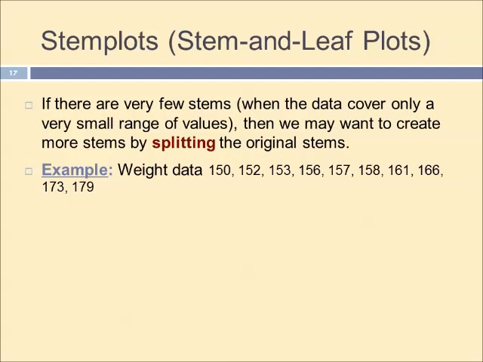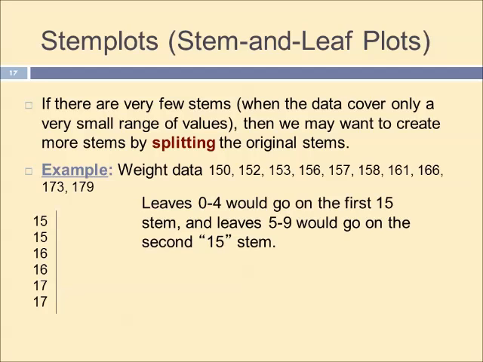Now, if there are very few stems, that is, when the data cover only a very small range of values, we might want to create more stems by splitting the originals. So if we have weight data, for example, from 150 up to 179, there are really only 3 categories if we use the previous scheme. We have 15, 16, and 17. So we might want to split the stems and create, in this case, 6 different stems.